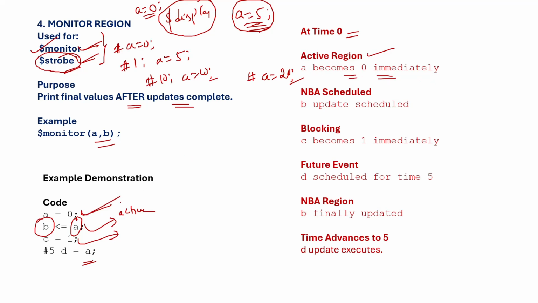This is a equal to 0, and then b will be scheduled in the NBA region. Blocking happens immediately, that is in the active region. c becomes 1 immediately, that is also executed in the active region. And future events like delays you have assigned are executed in the future region. Whatever the b value is, that will be updated in the NBA region. Okay, clear? Yes, sir.